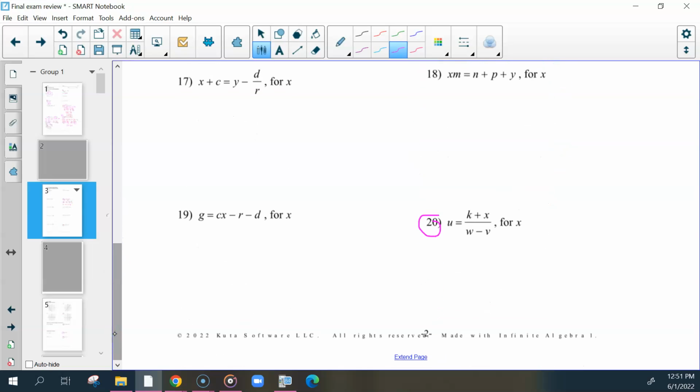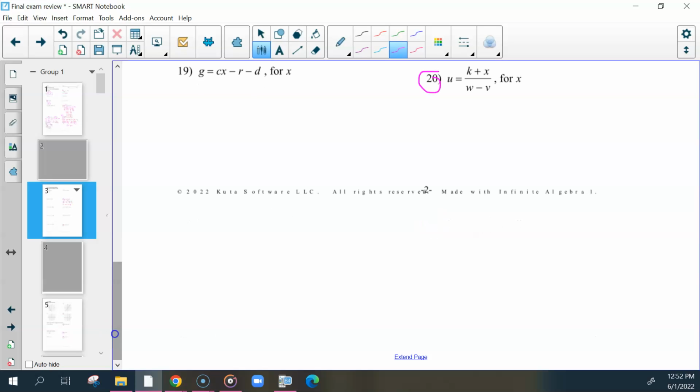The next one I want to do is number 20. In this one, we are solving for x. X is in our numerator, so we have to get rid of our denominator before we can touch our numerator. To do that, we're going to multiply both sides by w minus v.